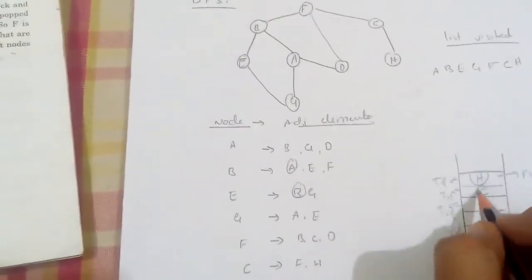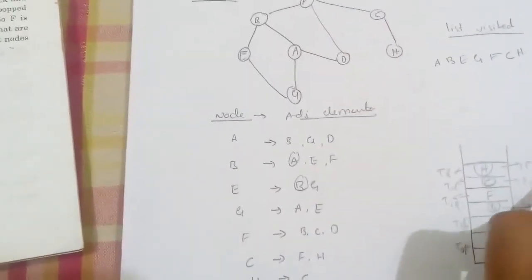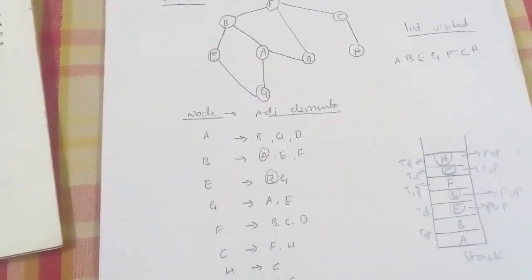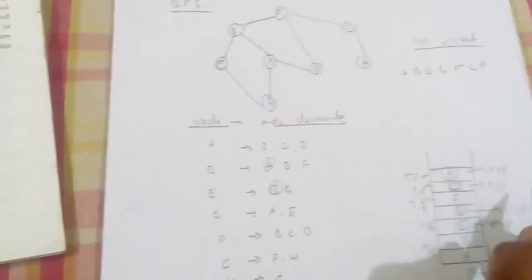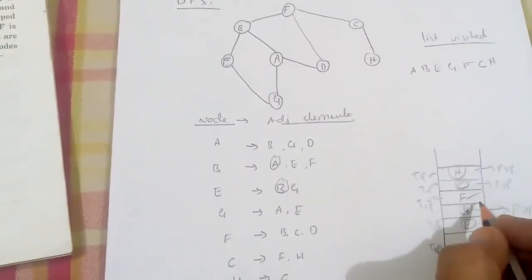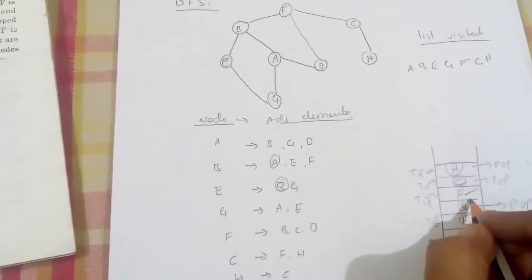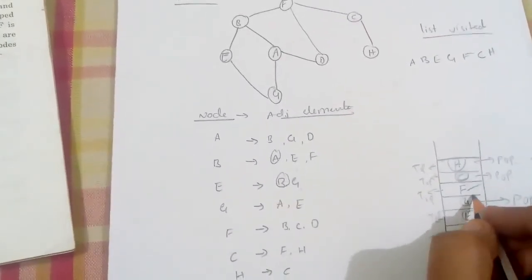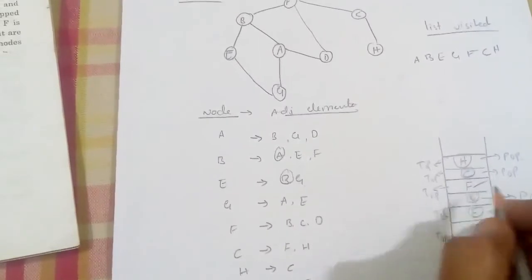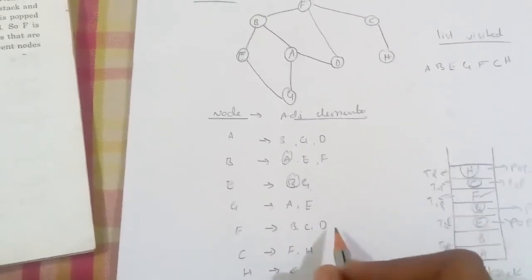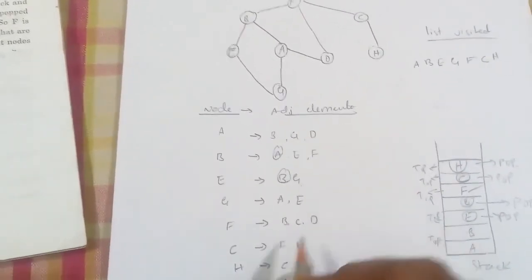C is popped from the stack. Next, the top of the stack is F, with adjacency elements B, C, D. B and C are already visited, then the last is D.